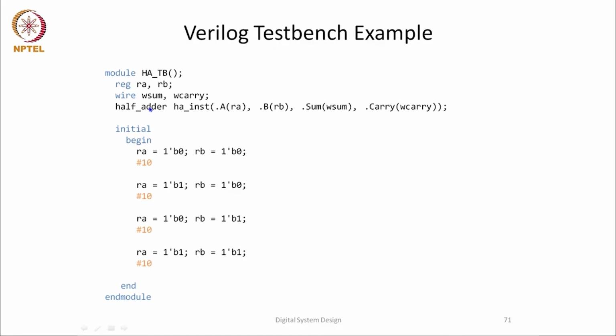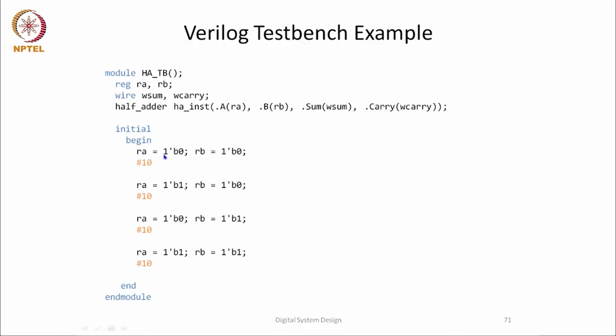Now I want to assign RA as 0 and RB also as 0. What is this 0? It means 1 bit. Since in Verilog you can give input in multiple bits, we have to define how many bits it is. You can also give your input in binary, hex, or decimal, so it is important to specify which one, to be deterministic and precise.